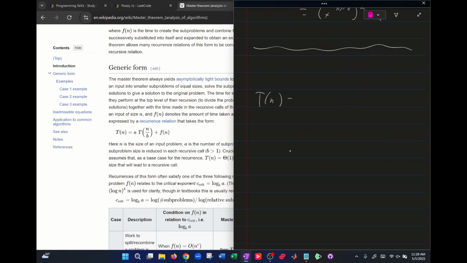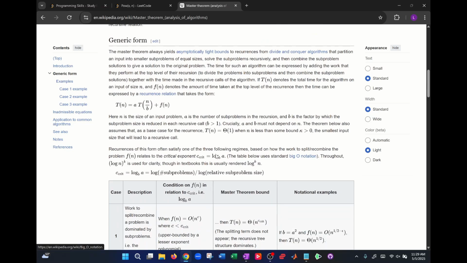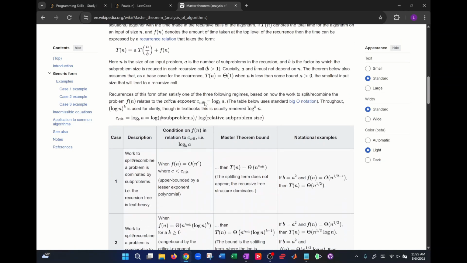Okay, so just to write this down, we have T of n equals a T of n over b plus f of n. And we have a is 1, b is 2, f of n is big O of 1. Okay, cool. So now, the other thing that we're going to need is a critical exponent c, which is log base b of a.